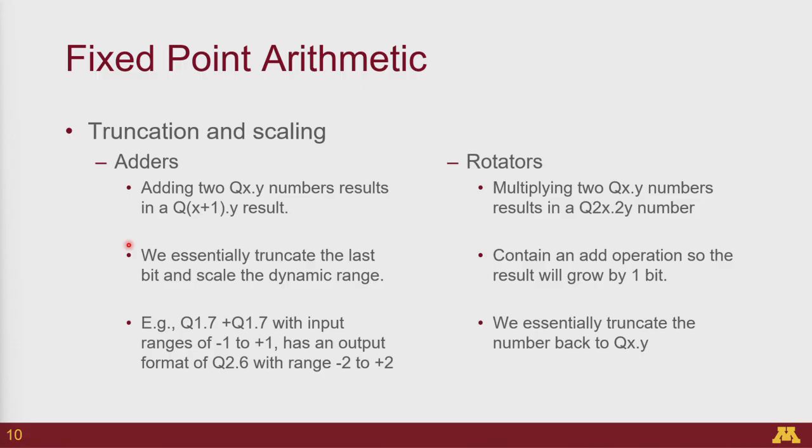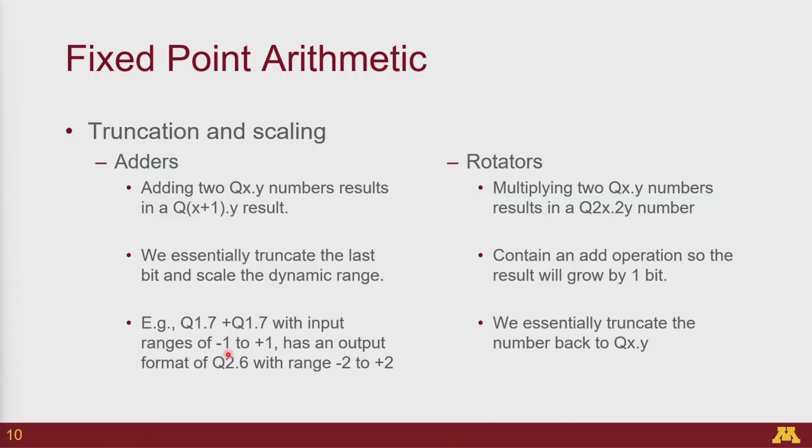But if we want to keep the width fixed, then, let's say we start with two Q1.7s, the actual result would be a Q2.7. But since we're interested in the most significant bits, we would truncate that result to a Q2.6. So we would basically truncate the LSB.